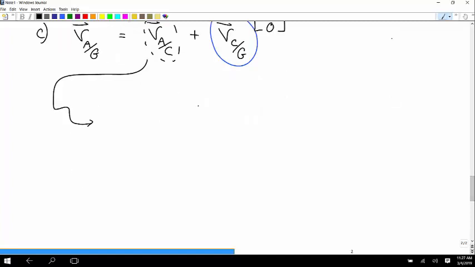To do that, we're going to think about this point A in circular motion around the center, and we're just going to assume that that center is fixed. And this is rolling clockwise.